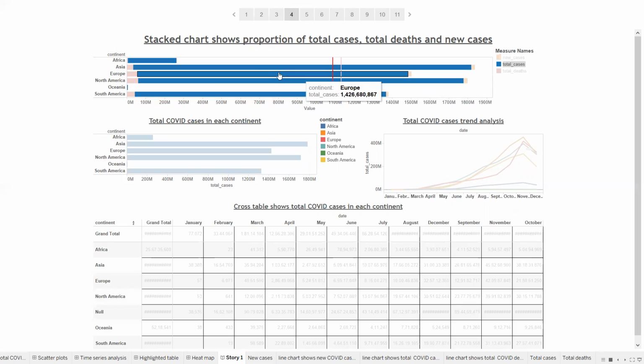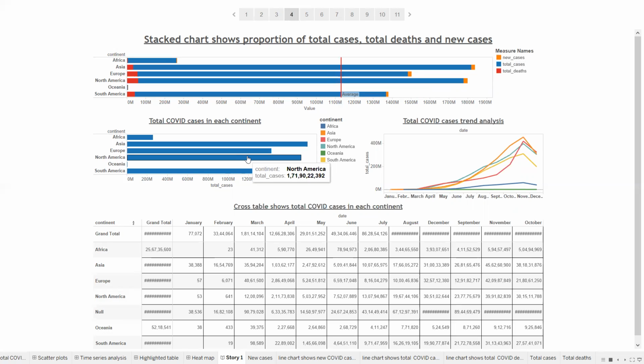And this time, except Africa and Oceania, all the other four continents have higher total COVID cases than the world average, which is represented by a red line here.